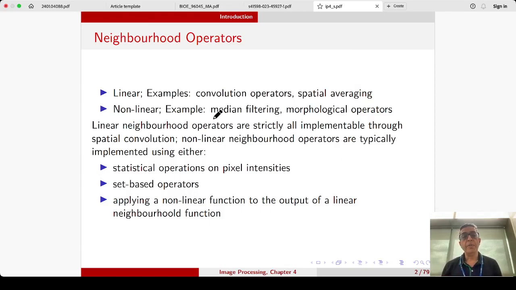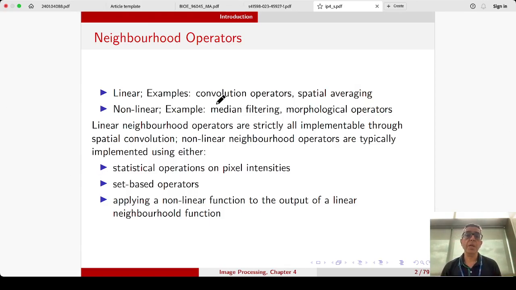There are also, however, nonlinear operators, and these are operators which can't be expressed using simple multiplications and additions. You would normally have some other kind of mathematical operation being applied, such as sorting, in other words, sorting of intensity values in a neighborhood, and median filtering is one example of that.